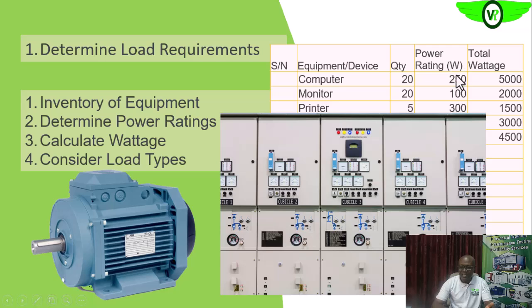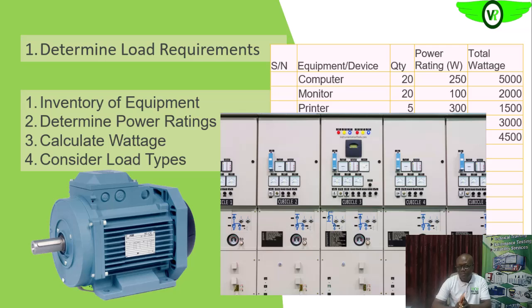What that means is that if this is the motor, for example, say the motor is 100 watts, that is what you got in your calculation. So what you need to do is to double the wattage to accommodate that starting current. So instead of using 100, you'll be using 200 watts.